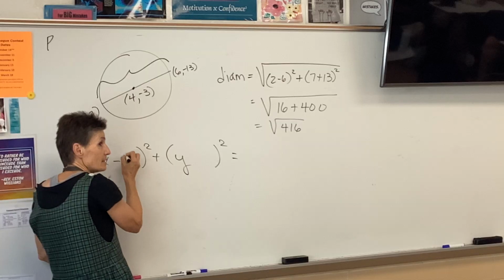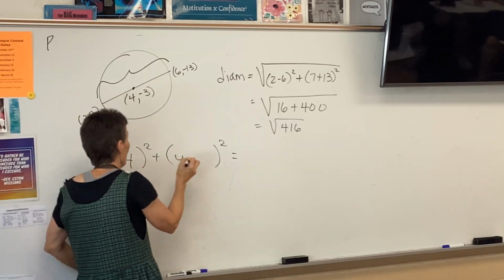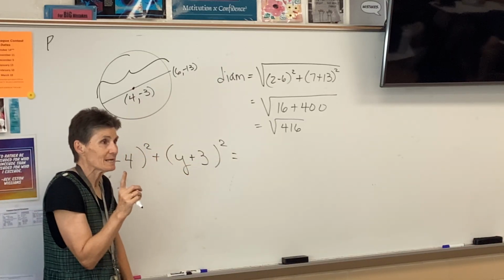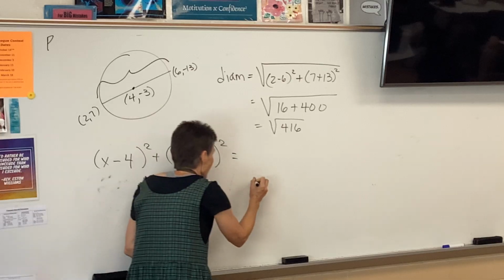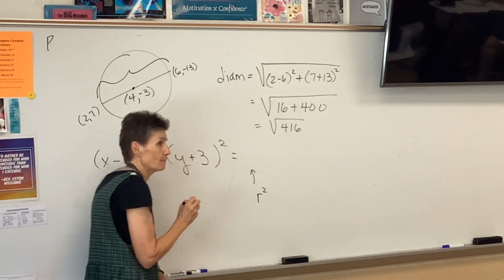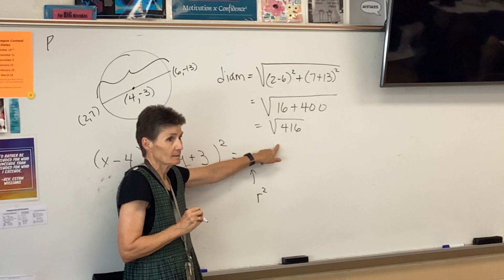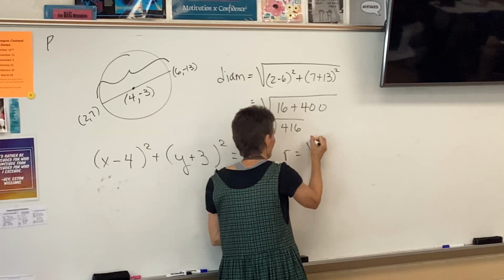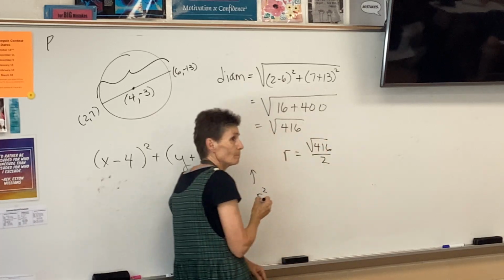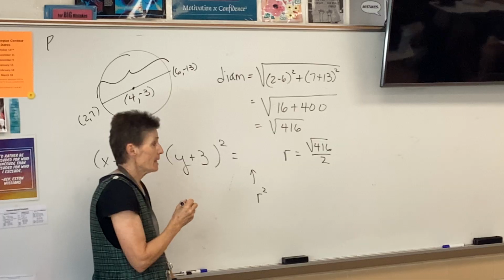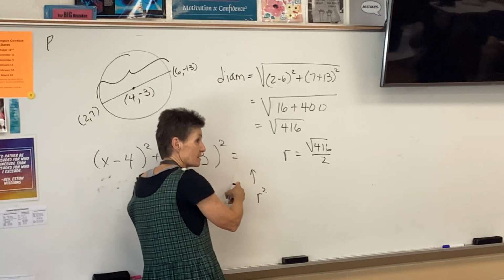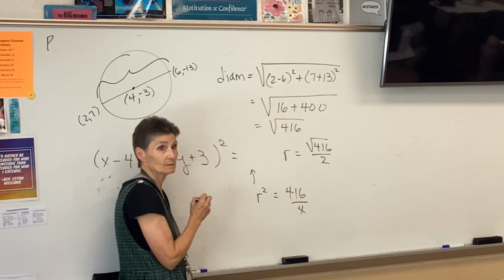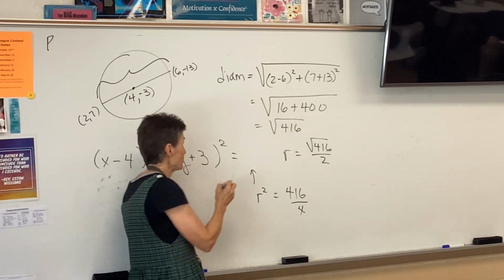X minus 4 squared, y plus 3 squared equals, now be careful, this has to be r squared. What is that? That's the diameter. So the radius will be that over 2. And when I square that, I'll get 416 over 4, which is 104.